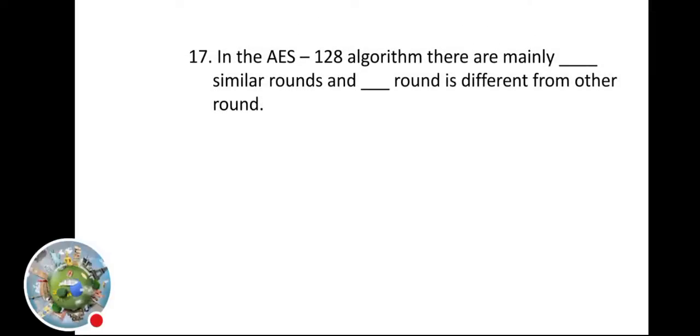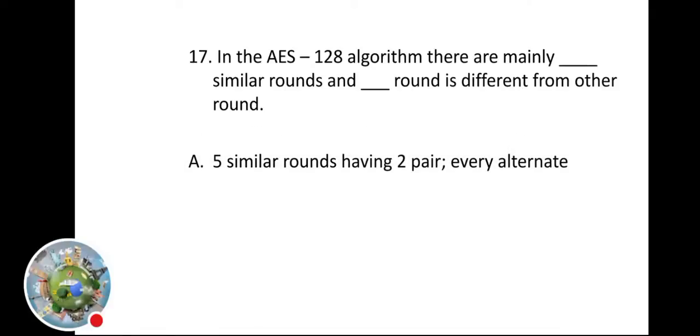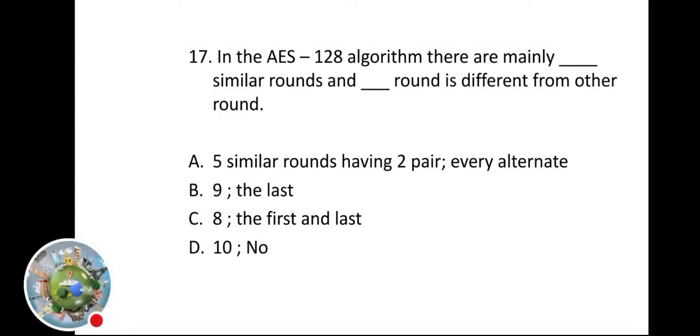In the AES 128 algorithm, there are mainly dash similar rounds and dash round is different from the other rounds. A 5 similar rounds, B 9 the last, C 8 the first and last, D 10, E none of the above.